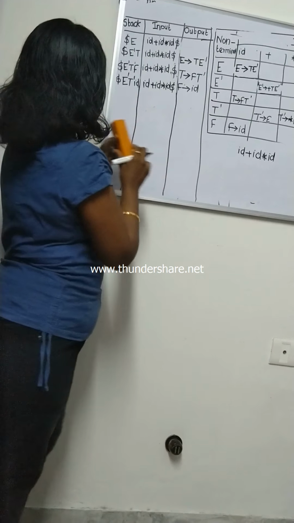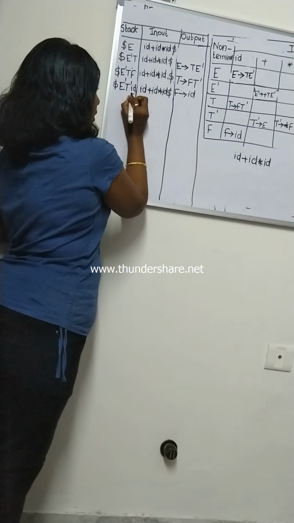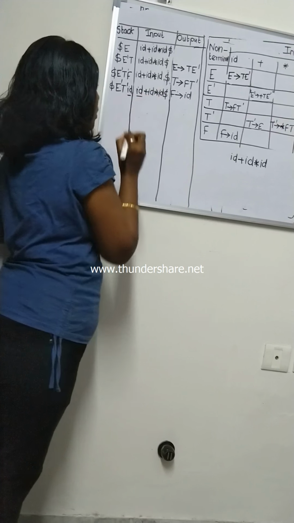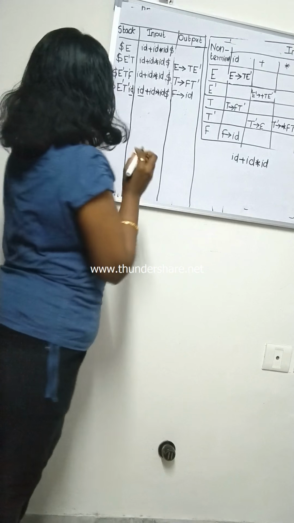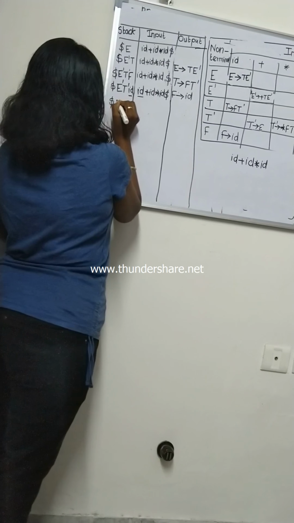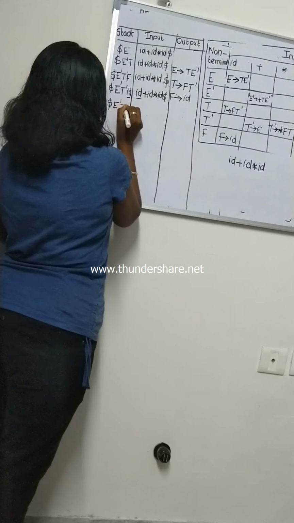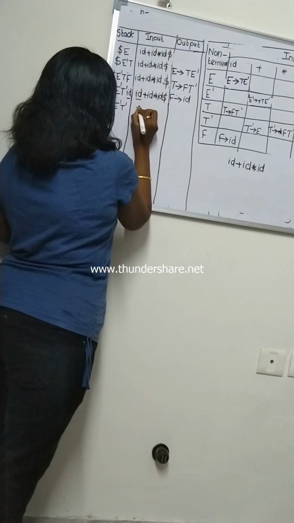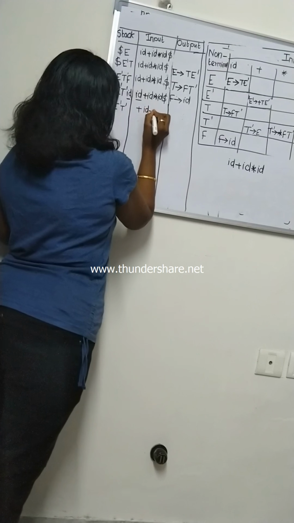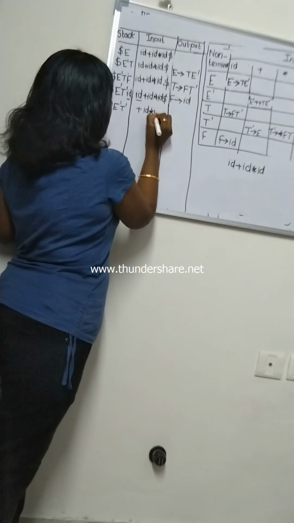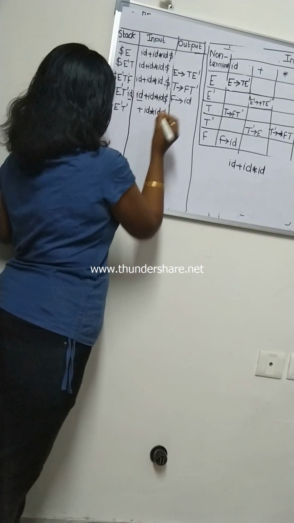Now if you see here, also ID, here also terminal, here also terminal. So we are going to remove this. So it will be dollar E dash T dash plus ID star ID dollar.